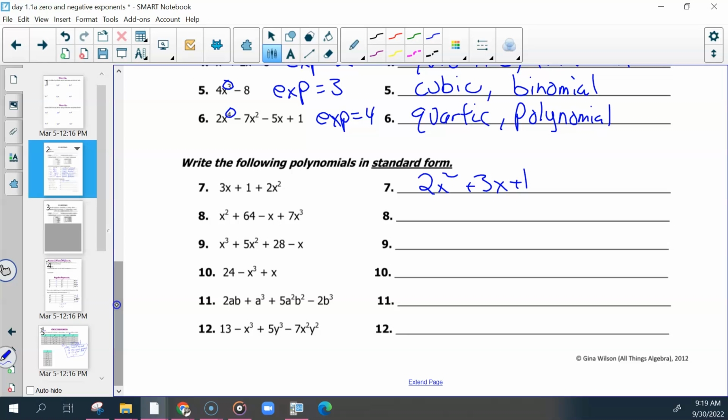For number 8, which one will go first? 7x cubed. And then x squared. And then negative x. And then our 64. So whatever the sign is, we have to also bring that over.